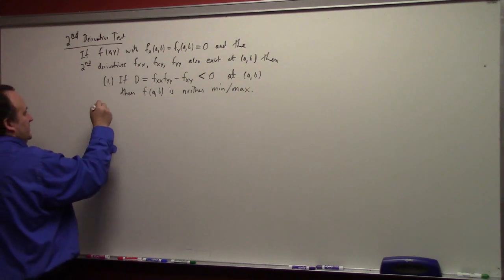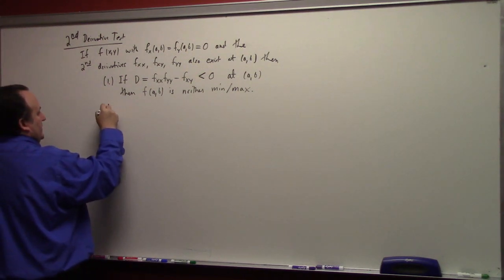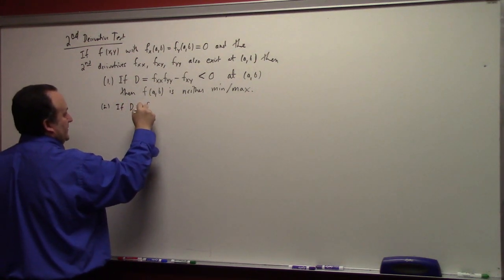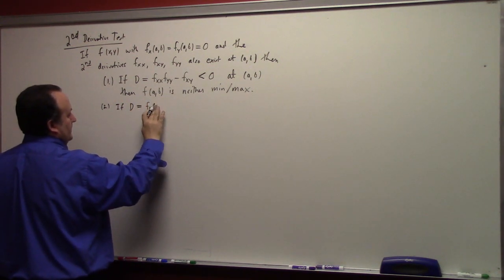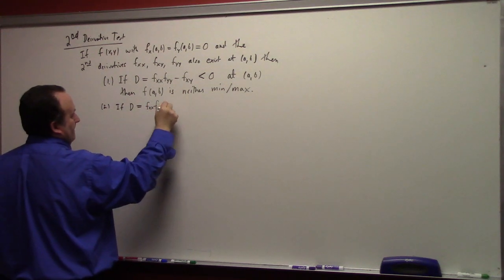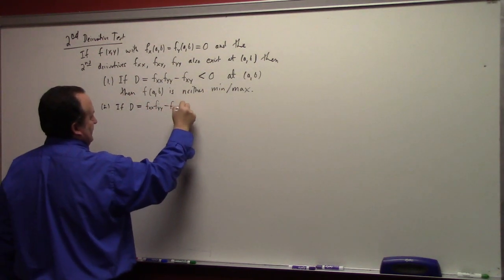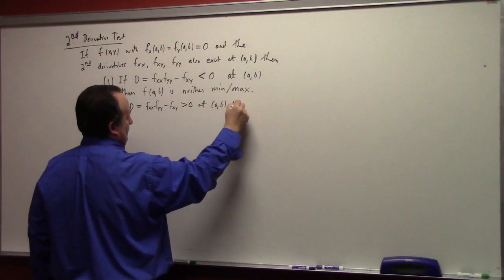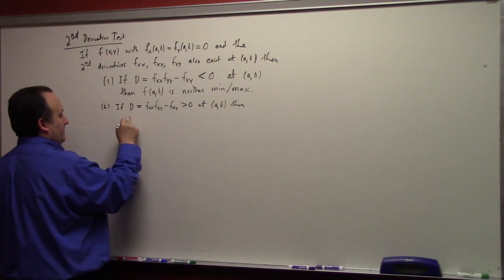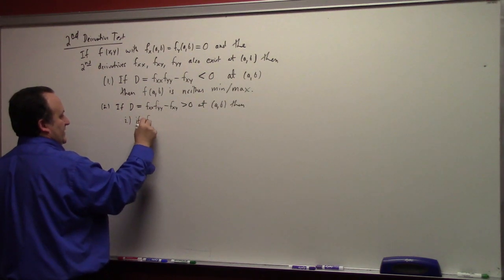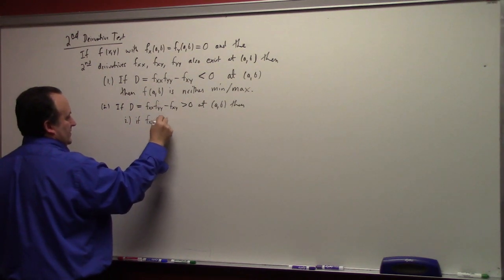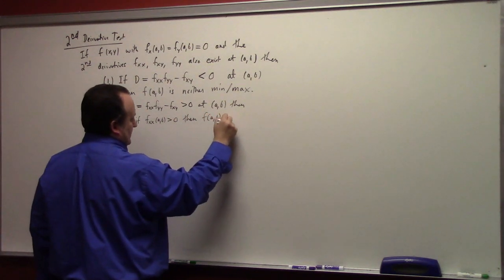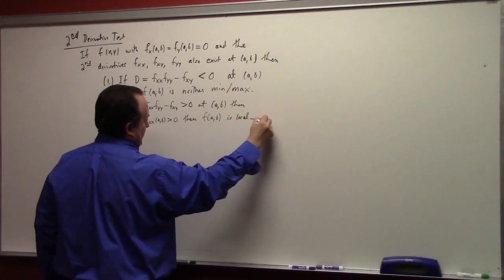And then number two, if D is, same thing, if that's greater than 0 at the point, then case 1, if fxx at a, b is greater than 0, then f of a, b is a local, fill in the blank.